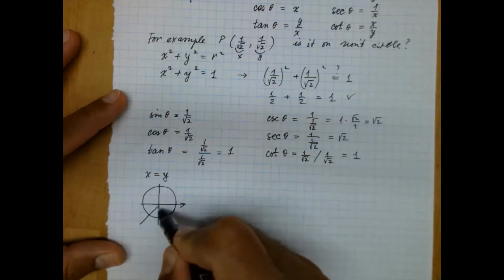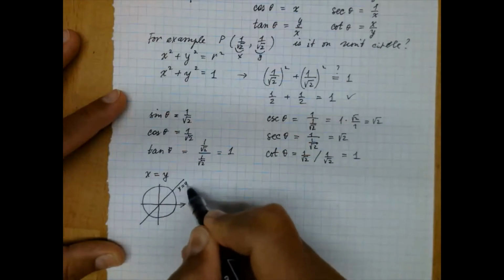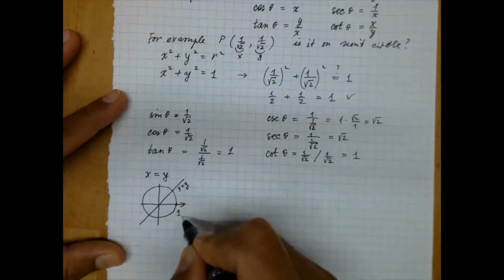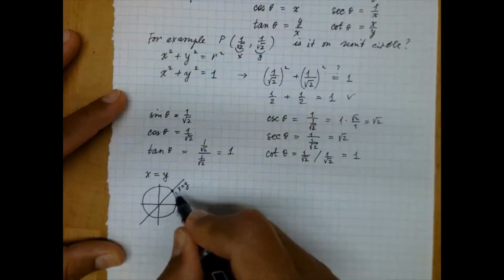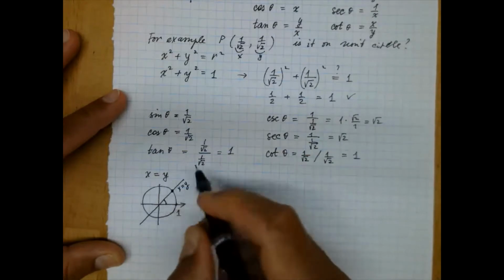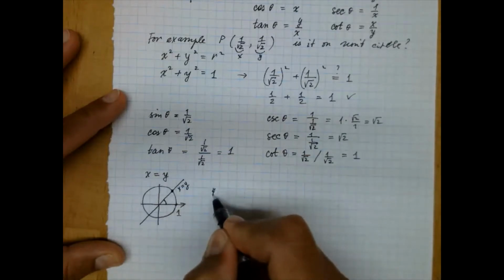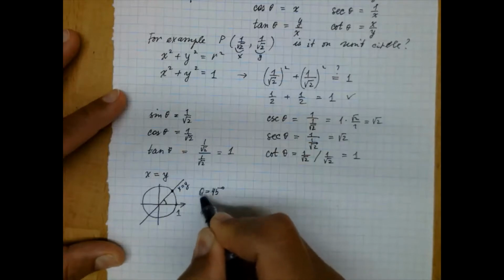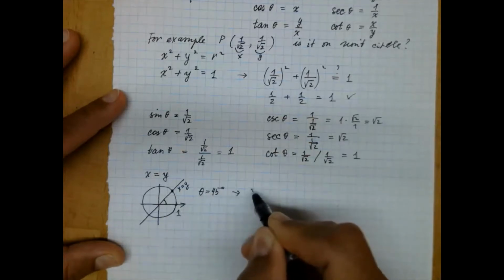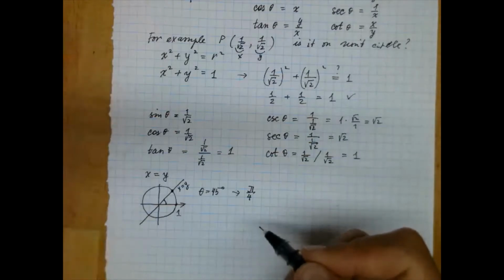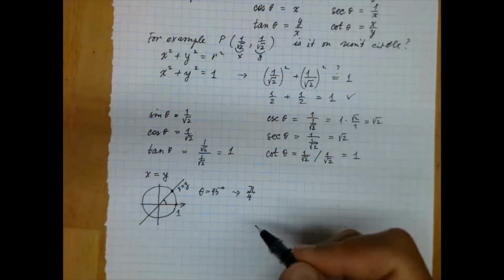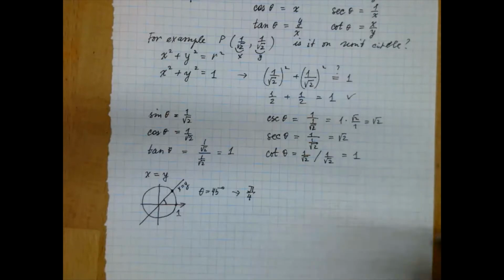If you draw a line y equals x, and this is a unit circle, that's going to be our point P, and the angle over here is going to be 45 degrees, or if you convert it in radians, it's going to be pi over 4. Well, we just got our first angle and first 6 functions.